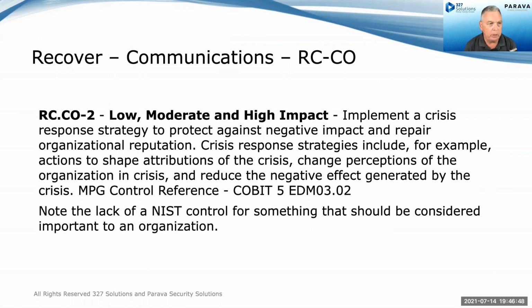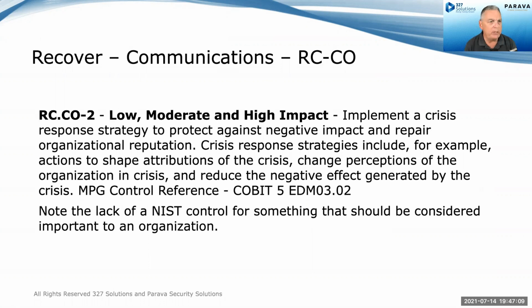Now, what's important to note here is that there's no NIST specific control in the manufacturing profile guidance. However, there is COBIT 5 guidance. COBIT is well recognized by the accounting community as an indicator of proper levels of governance. There is no NIST control for this.